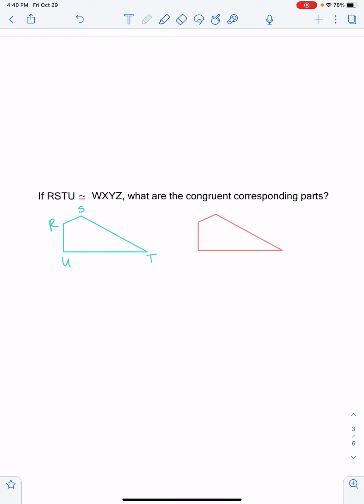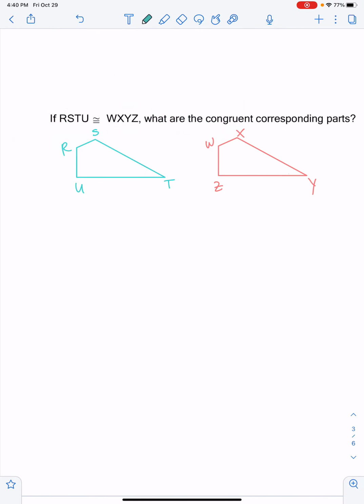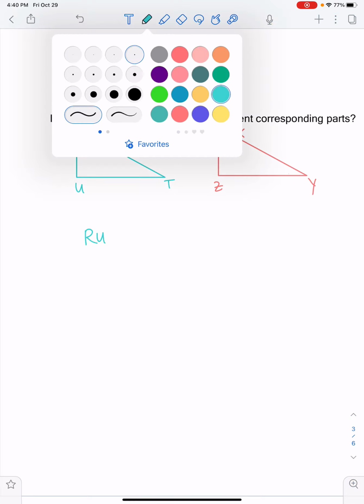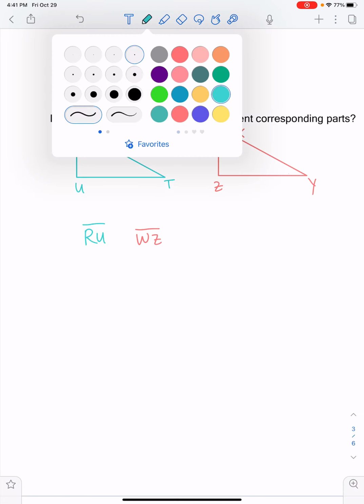So let's put those letters in the same order: W, X, Y, and Z. They just want to know what are the parts that match up. So we'd say RU has to match up with WZ. So that segment and this segment, they are congruent.